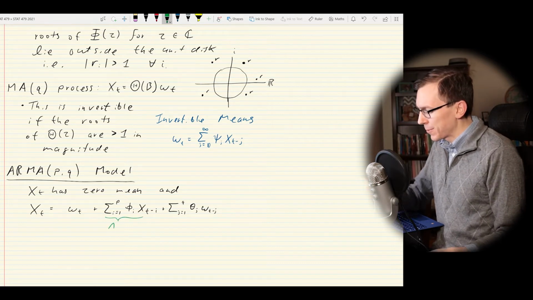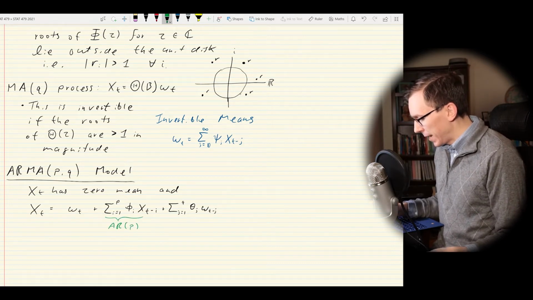So now we basically have exactly what we had before. We have the AR(p) piece and we have the MA(q) piece.